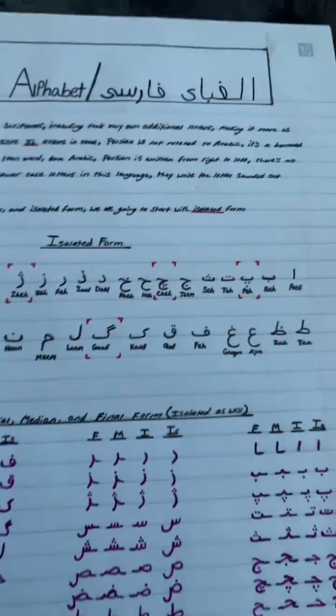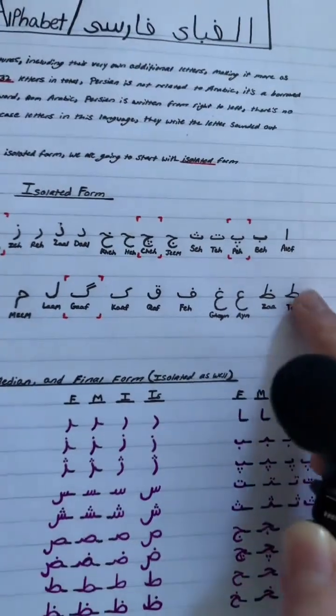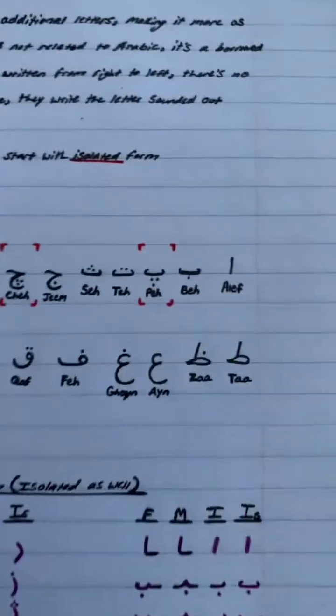Right here. And they write the letters out, like over there. So let's start with the isolated form.